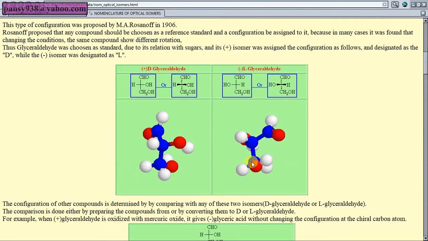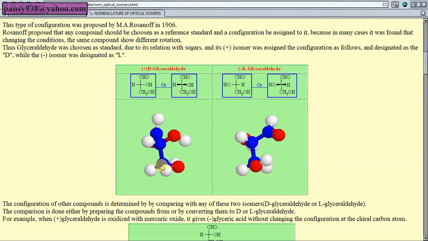Here OH is in front of the compound, and in this case the OH is projecting toward the behind side of the screen.